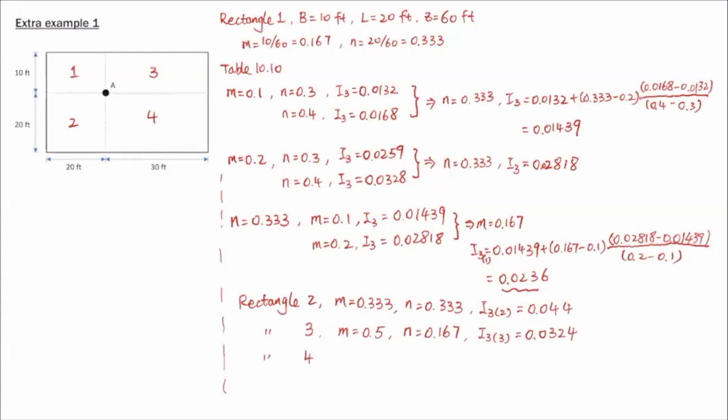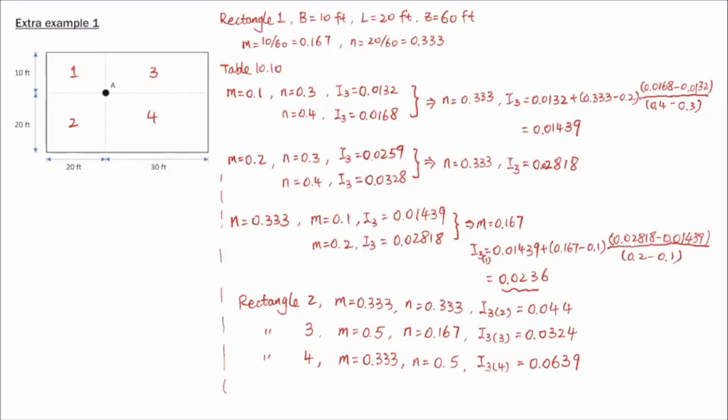And then for the fourth rectangle, m is 0.333 and n is 0.5, and the I3 value is 0.0639. So once you have all the I3 values, then you can add them up and calculate the final stress increase.